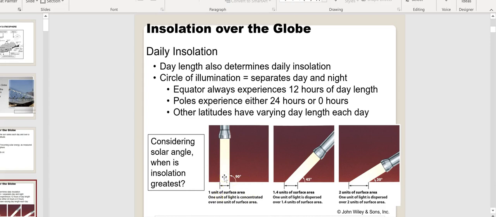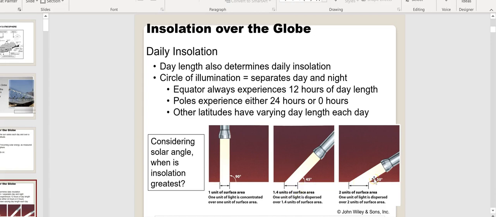Now, the farther north and the farther south, so the farther you get away from the equator, and as you move toward the poles, that angle of the sun is going to change. And so this is why we talk about latitude in terms of degrees. So this concentrated amount of sun is now going to be spread out over a wider area. So in order to receive this same amount of sun, it's covered by a larger area.